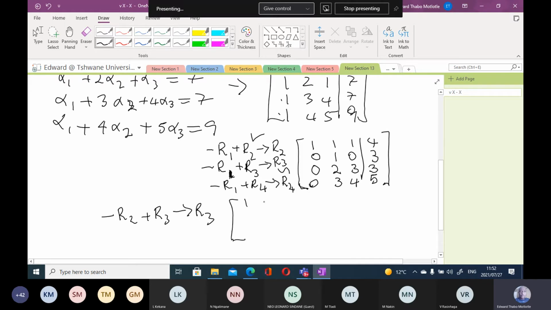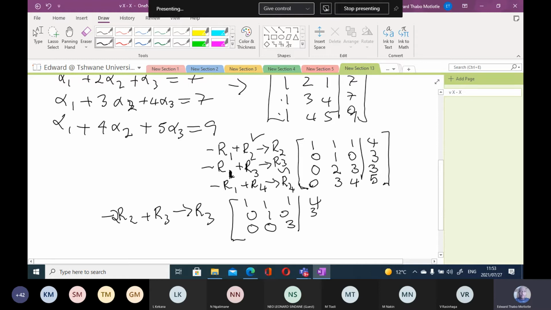So this is 1, 1, 1, 4, and we have 0, 1, 0, 3. If I add, I multiply by minus 2. So I need minus 2 here, just so you get 0 and 0. Minus 2 and 8, this remains 3.